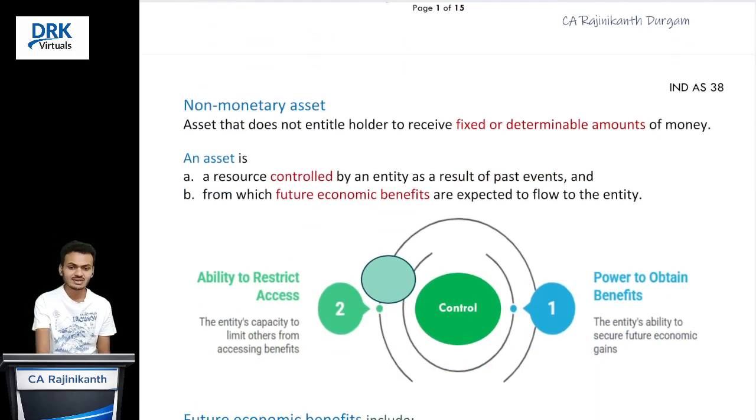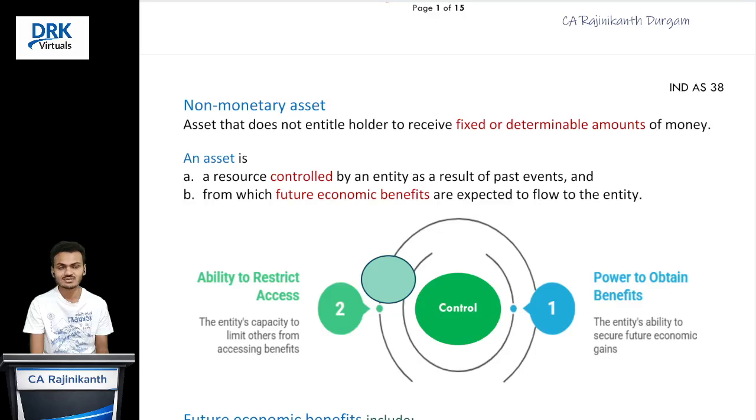And what is a non-monetary asset? As we discussed, intangible assets are non-monetary assets. We studied in Ind AS 21, correct? What is a monetary asset and what is a non-monetary asset? Monetary assets are the assets from which the holder is entitled to receive a fixed or determinable amount of money. For example, trade receivables, correct?